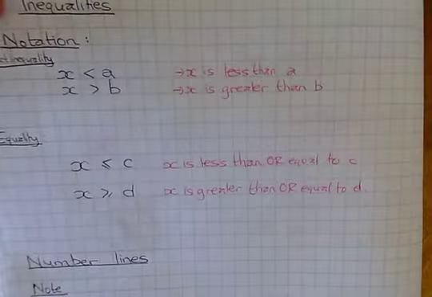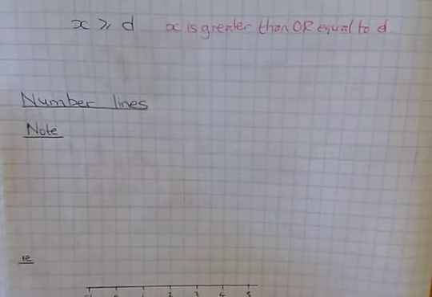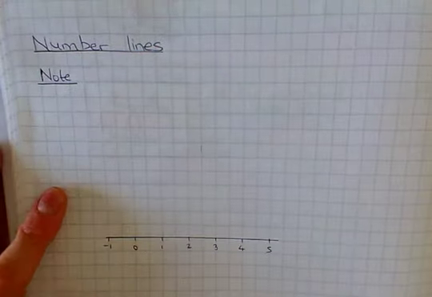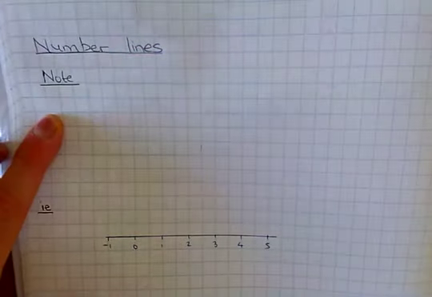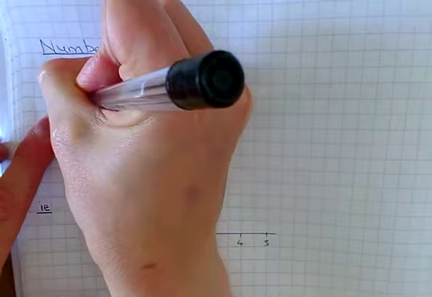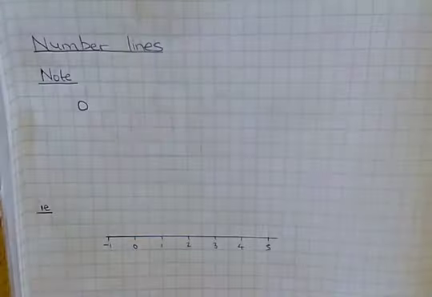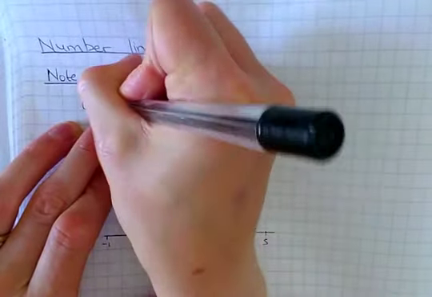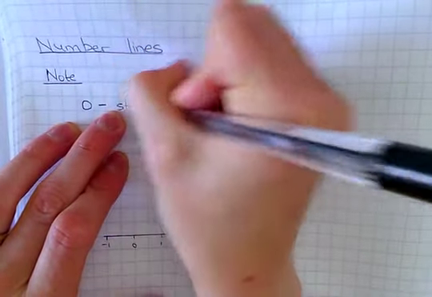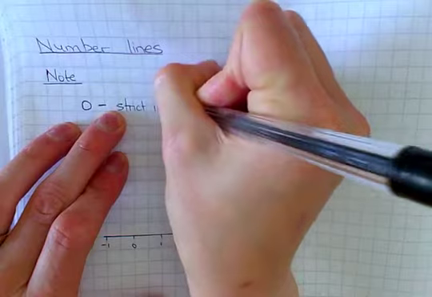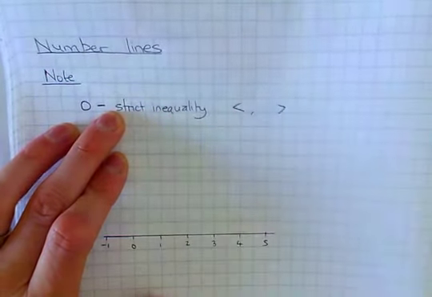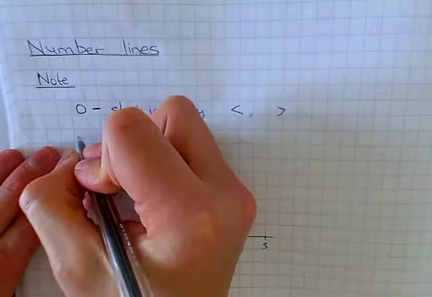So I'm just going to give a few notes on writing inequalities on number lines and what different things mean. So the first thing is if you have got a hollow circle drawn there, this refers to strict inequalities, so either your less than or greater than sign.